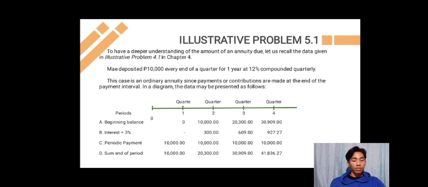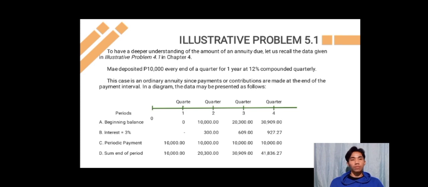So, sa next quarter, sa fourth quarter, sa beginning balance niya, meron siyang 30,909 at nag-earn ng 927.27 dahil sa interest na 3% at nagbayad ng 10,000 dahil nag-end na yung period at ang sum of end of period niya meron siyang 41,836.27.